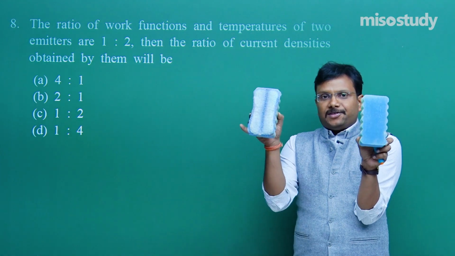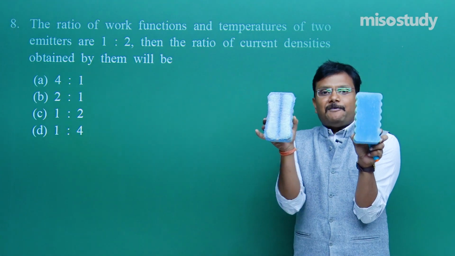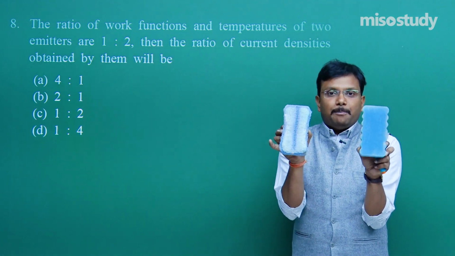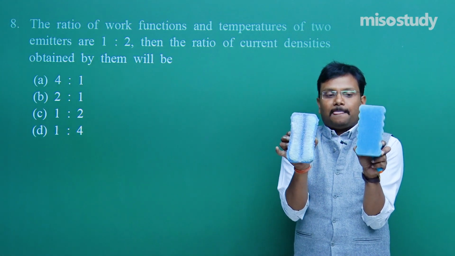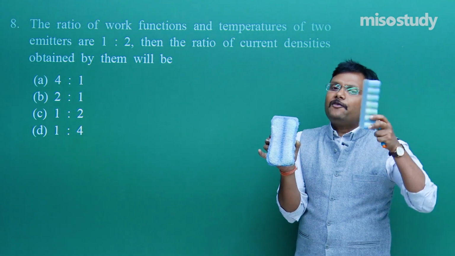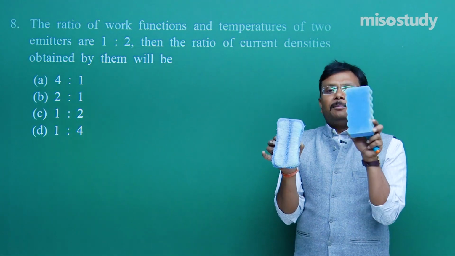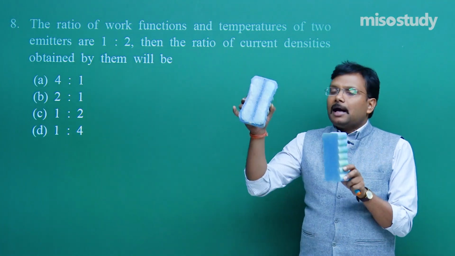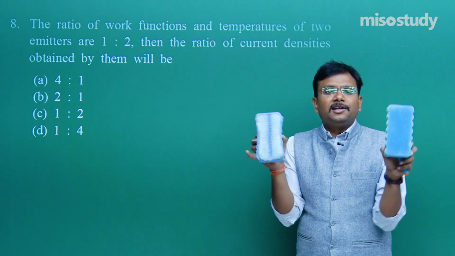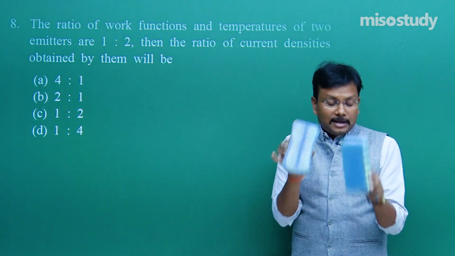This is one surface, this is another surface. If I expose both these surfaces to the same temperature, I mean the same heating, it may be possible that one may emit electrons with some energy and number density, and another may emit with some different energy and number density, because it is also a property of these two materials.